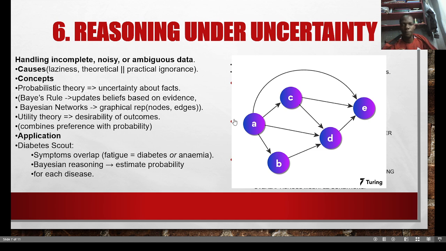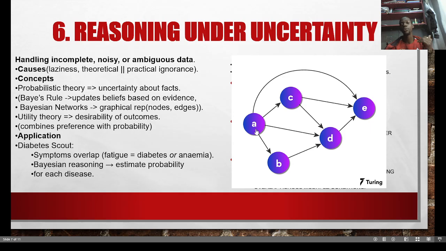So for example, from this simple diagram, A causes C, therefore C is caused by A. A also causes D, and it causes B. So this is a parent of A, and if C causes E, then E will be a descendant of A, and so on. So that's just the Bayesian network.